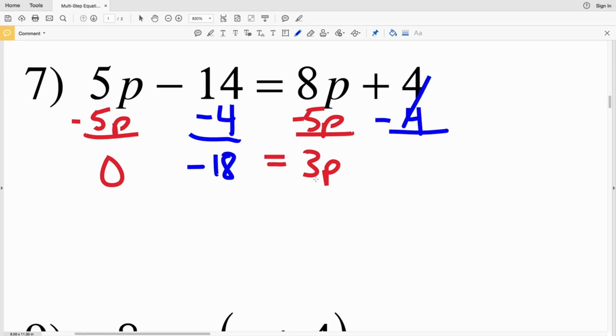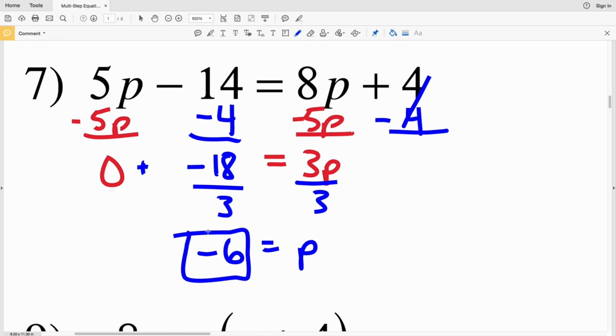So we have negative 18 equals 3p, so we divide by 3, we're going to get that negative 6 is equal to p. So negative 6 is the solution for number 7. And in the next video, we're going to start with number 8 and go all the way through number 14.